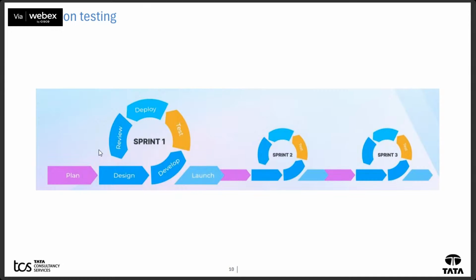A product is not launched once and then forgotten. We keep improving the product, we keep adding new features into the product, and this keeps happening over time. The sprint could be of any duration.